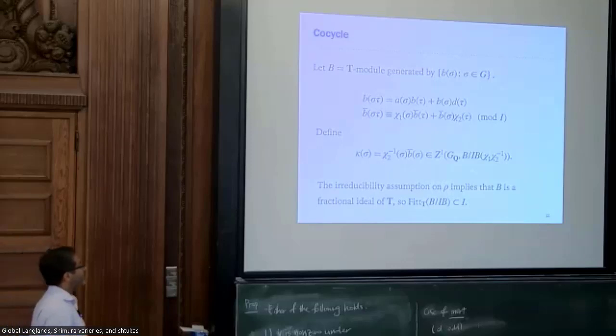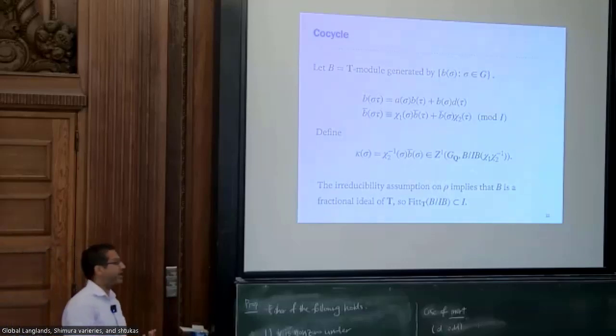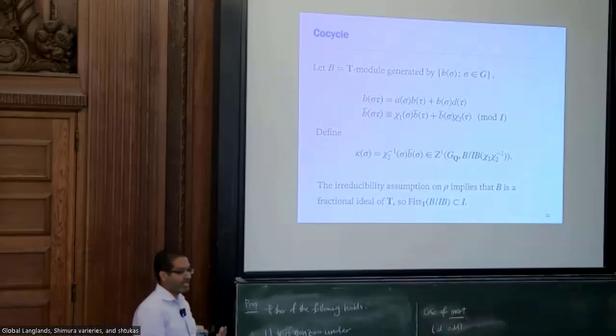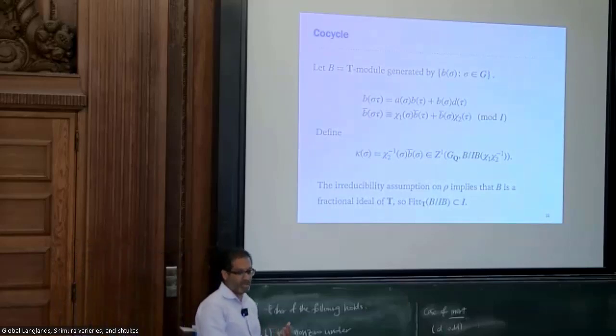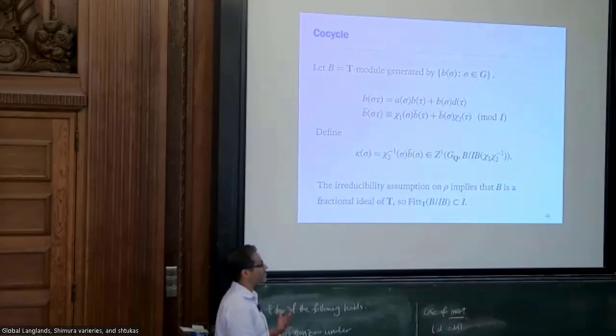The irreducibility assumption on B implies that B is a faithful T module, and by the properties of the Fitting ideals that I gave you, that they respect base change and that the Fitting ideal is contained in the annihilator, those two properties together tell you the Fitting ideal of B mod IB has to be contained in I, because B is a faithful T module.